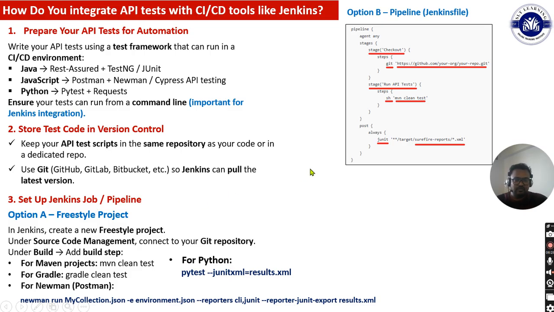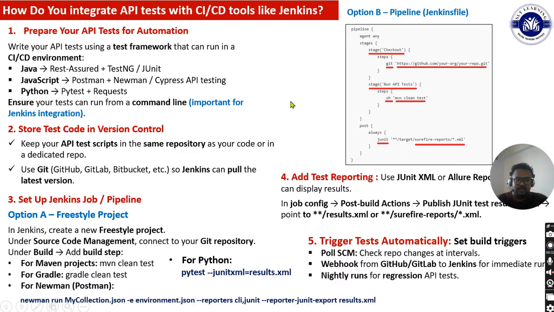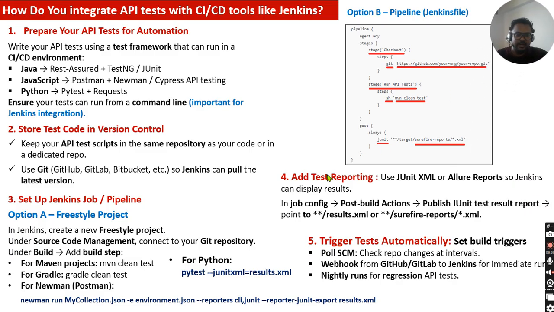Then what you need to do after doing these things, you can just go and add test reporting. So use a JUnit XML or Allure report on Jenkins to display the test report, or in the job config file, just go to the post build action and put this publish JUnit test case report, and this is the report format you can provide.